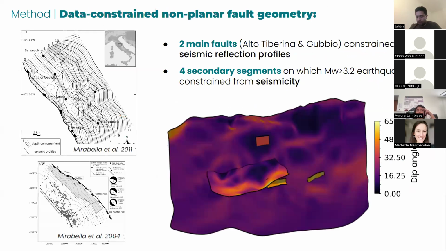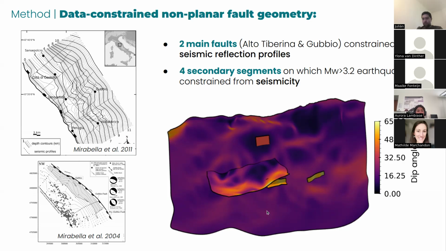So in our model, we include all the faults in the area for which we can constrain the geometry. We have two main faults for which the geometry is known from seismic reflection profiles: the Alto Tiberina fault and the Gubbio fault here, which is a small antithetic fault to the Alto Tiberina fault.